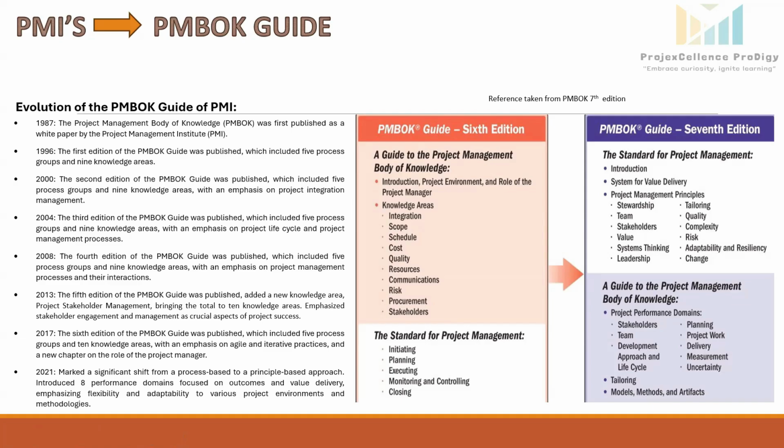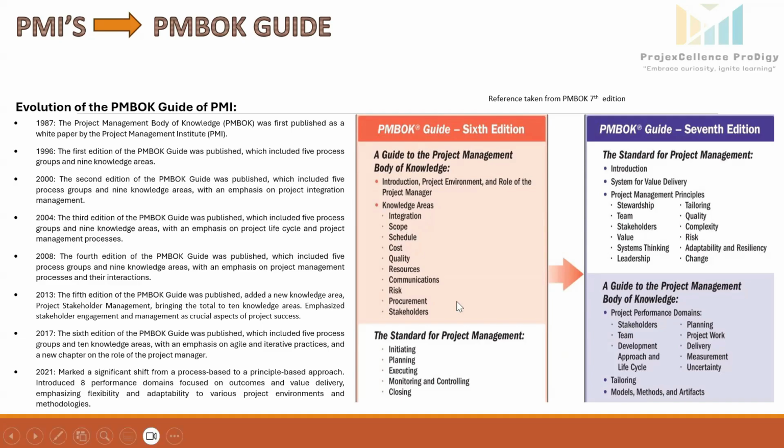Whereas PMBOK 7 shifts from a process-based approach to a principle-based approach. It introduces 12 principles of project management, which are intended to guide behavior and decision making rather than prescribe specific processes.